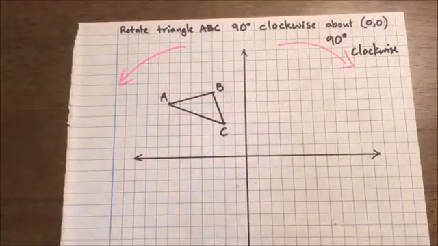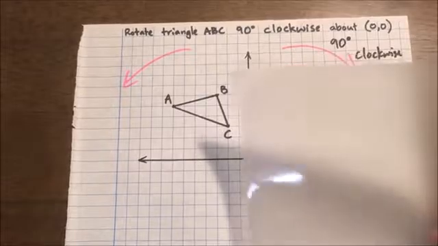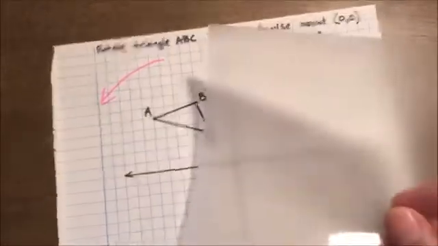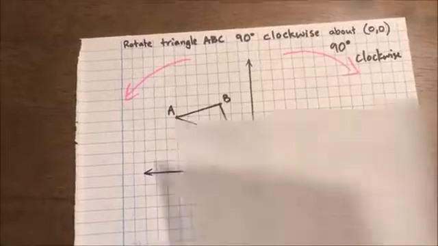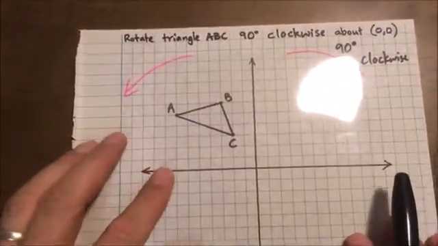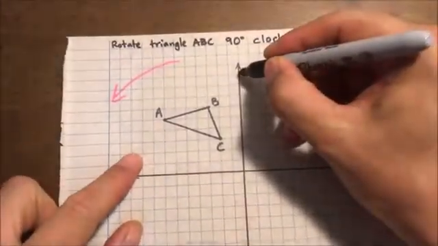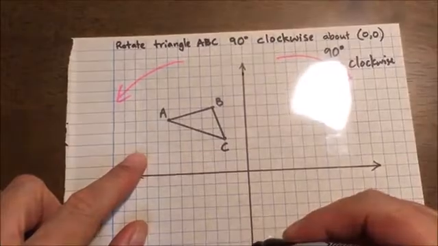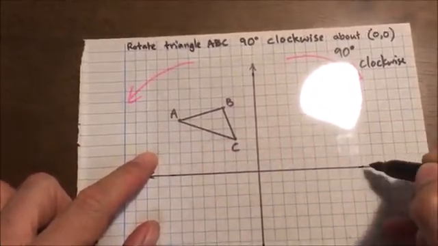So the way we are going to do it in class is we're going to use some tracing paper, and I'm going to use this for this demonstration. It's my version of tracing paper. One of the best ways to do this is this. You take your tracing paper and put it over the grid. Then put a dot, little dash there, little dash there, a little dash here, and a little dash here.